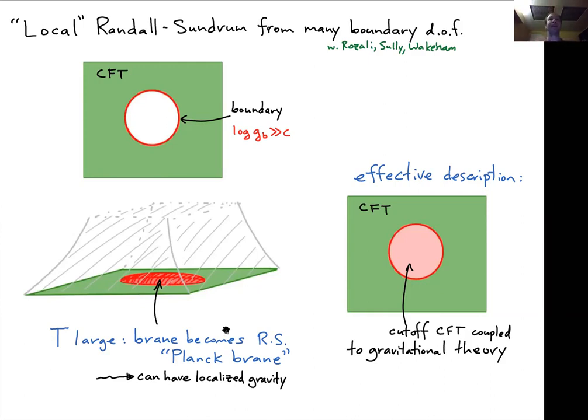Okay, and so back 20 years ago, there was a lot of discussion about the physics of that situation where you start with AdS and then place some cutoff close to the boundary.